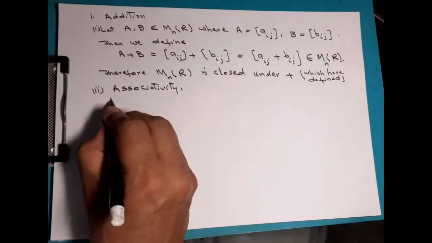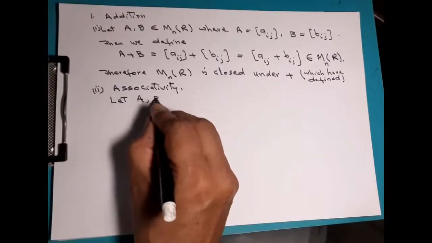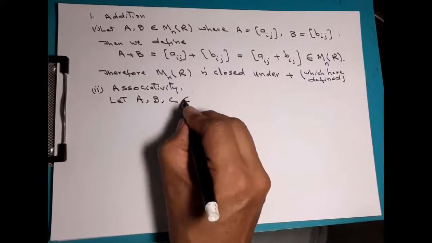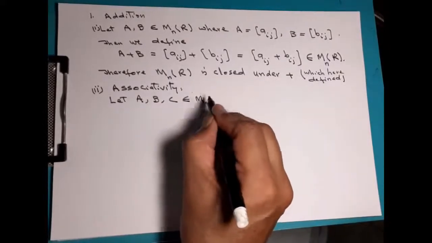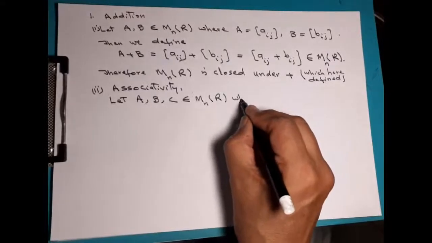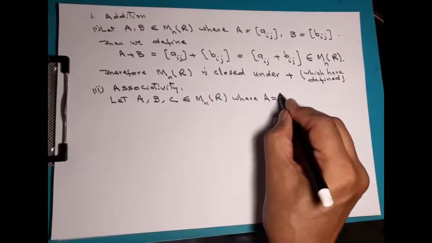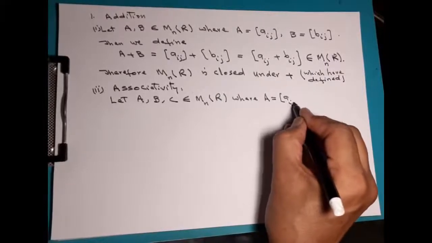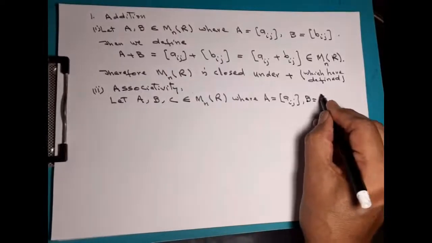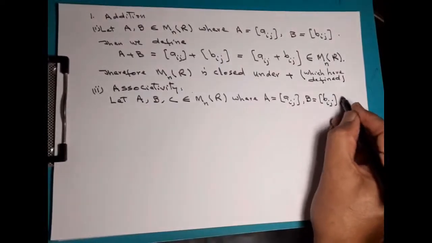So let A, B, C be three matrices with entries from the ring R, belonging to M_n(R). Let's write these matrices clearly, where matrix A is equal to (a_ij), matrix B is (b_ij), and matrix C is (c_ij).